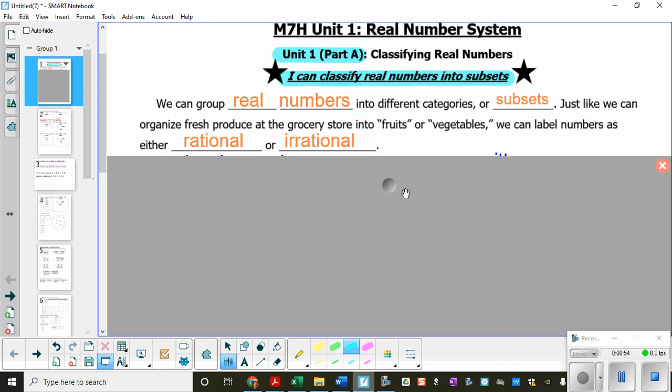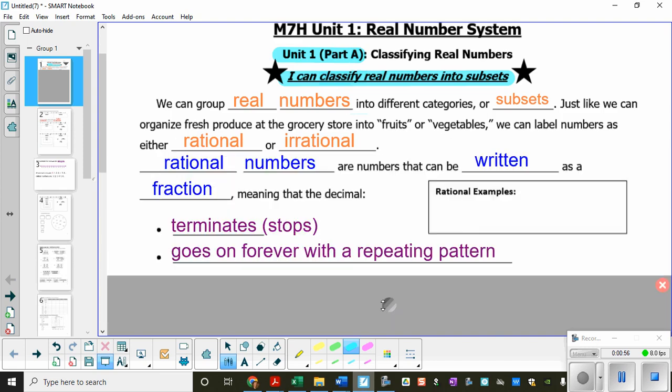All right. To get started, we're going to focus first on just rational numbers. Rational numbers are numbers that can be written as a fraction. What we mean by that is that the decimal either stops, it terminates, or the decimal could go on forever and ever with a repeating pattern.